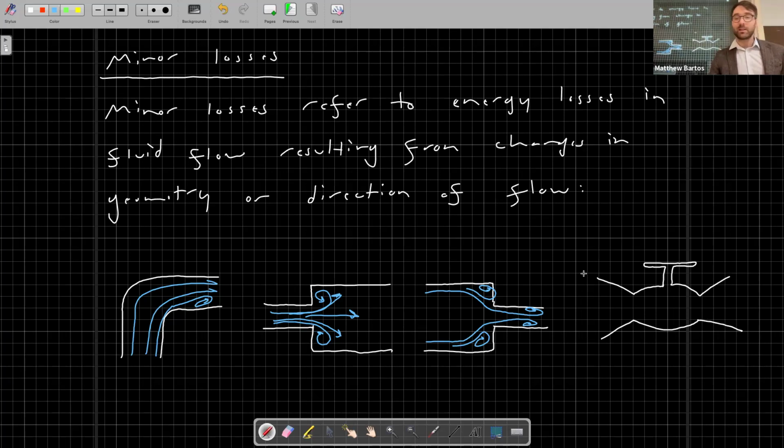And we'll have streamlines coming in. And even when the valve is completely open, it will cause some changes in the flow paths and our streamlines that cause these turbulent eddies, which result in energy losses. So these are the main types of minor losses that we're going to be talking about.